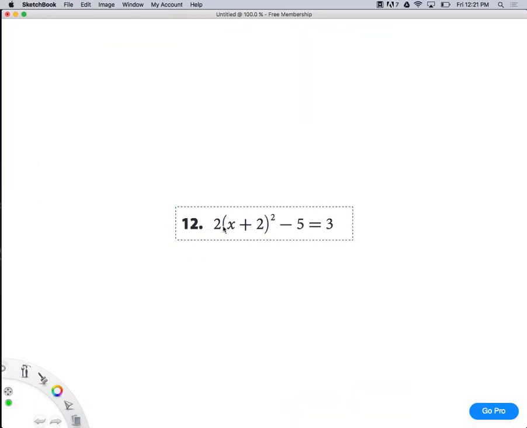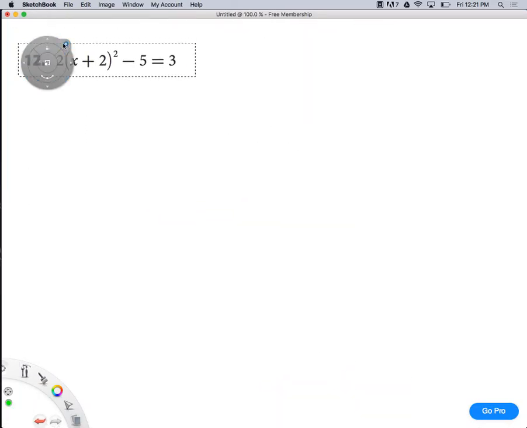Okay, and this is another good one. It's harder to see what to do here, but does anyone have an idea of what I should do? I've got a square term and the rest are numbers. I can't just distribute that 2 in because I've got the square out here.